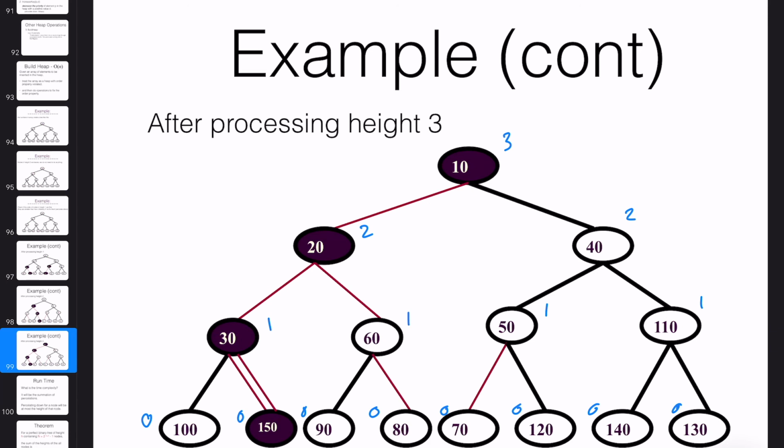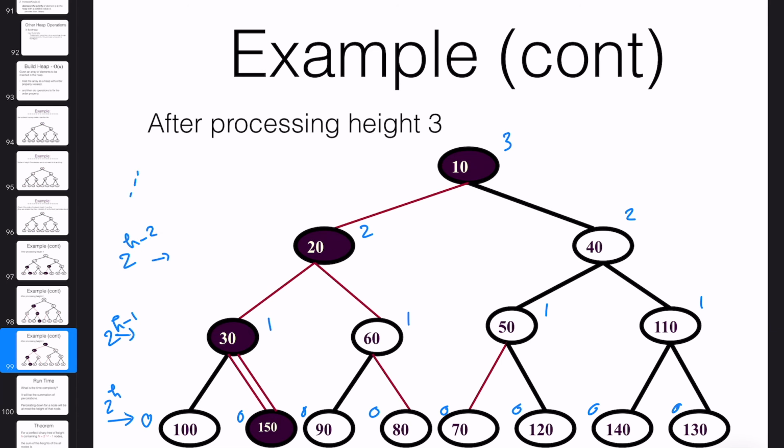Okay, how many nodes do I have at the last level? If the tree has height h, I have 2^h nodes at this level. I have 2^(h-1) nodes at this level. I have 2^(h-2) nodes at this level, and so on.